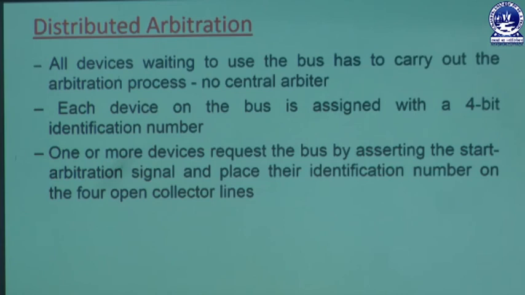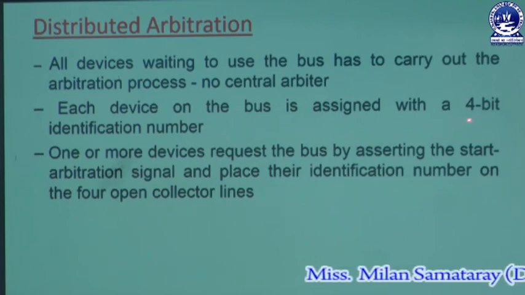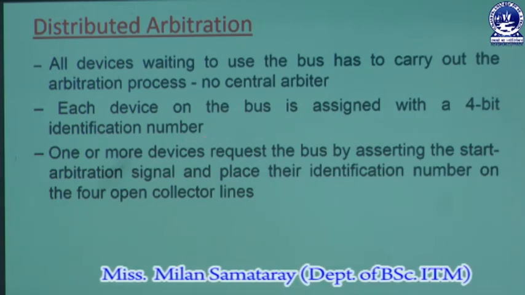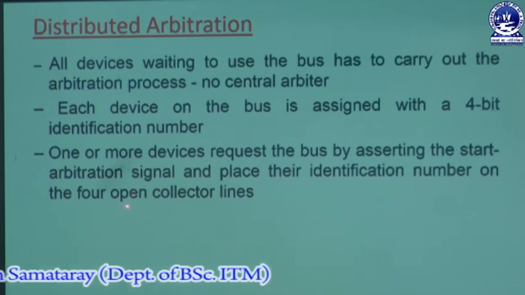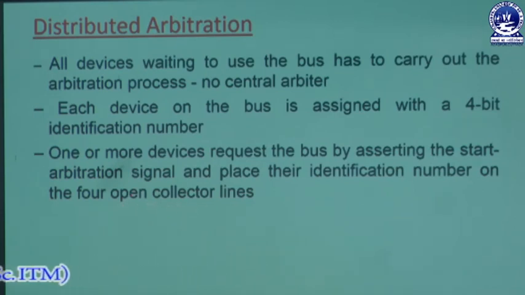With a 4-bit identification number, each bit is transmitted on each of the collector lines. That identification number is collected, and then the device is requested by using that identification number, and the processor gives access to the device using that number.